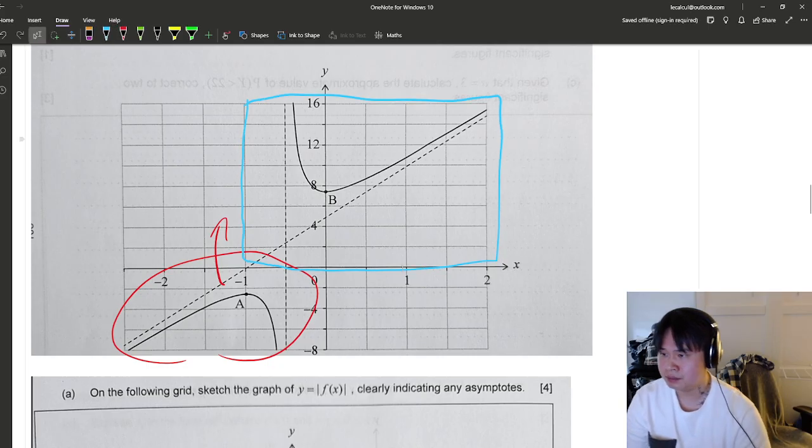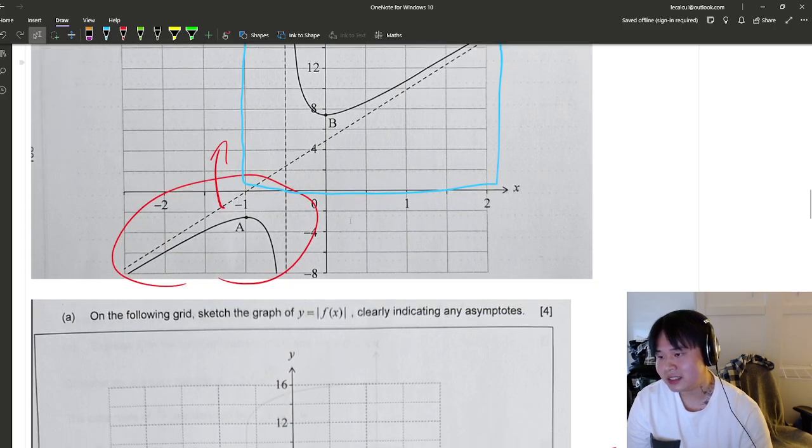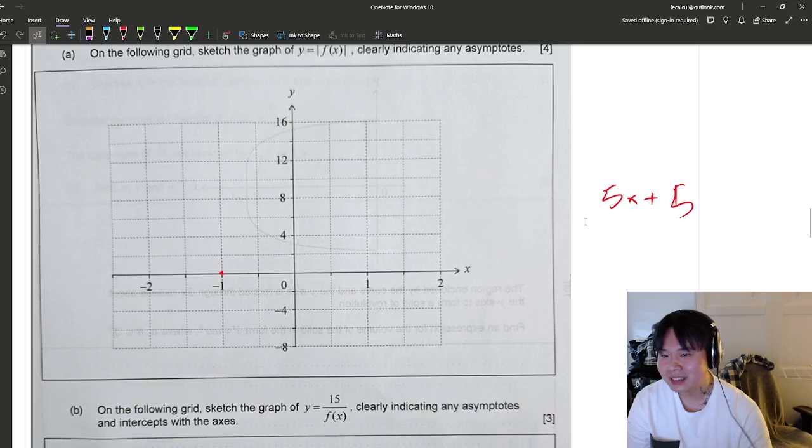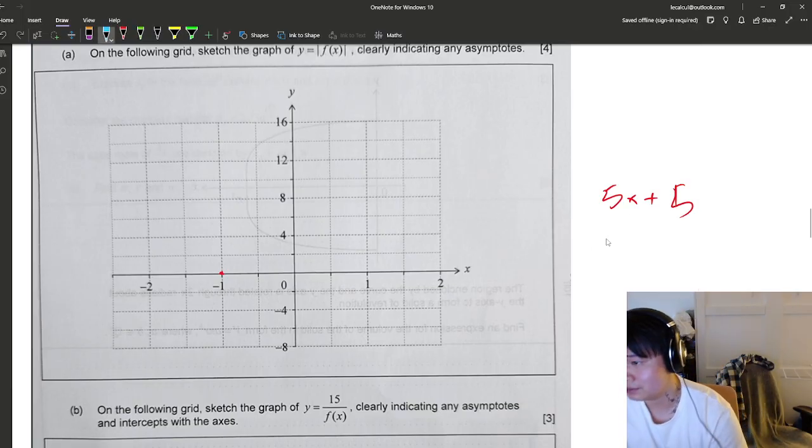This is going to stay the same. So the line goes... Why would they give you this scale? Oh my god, dude. Okay. So it goes up 10 for every 2. So here.